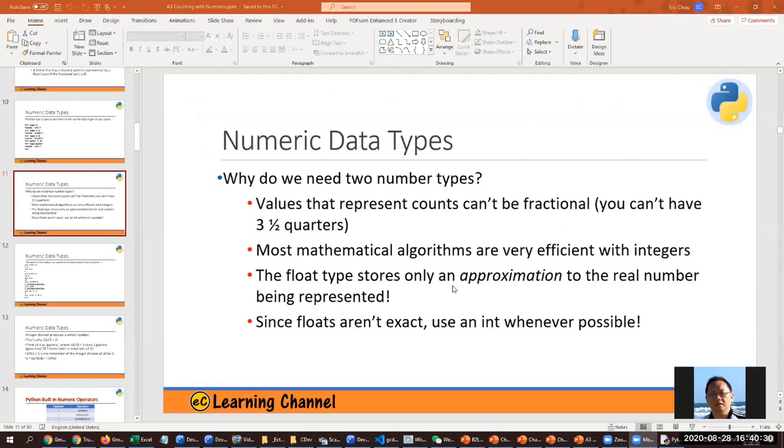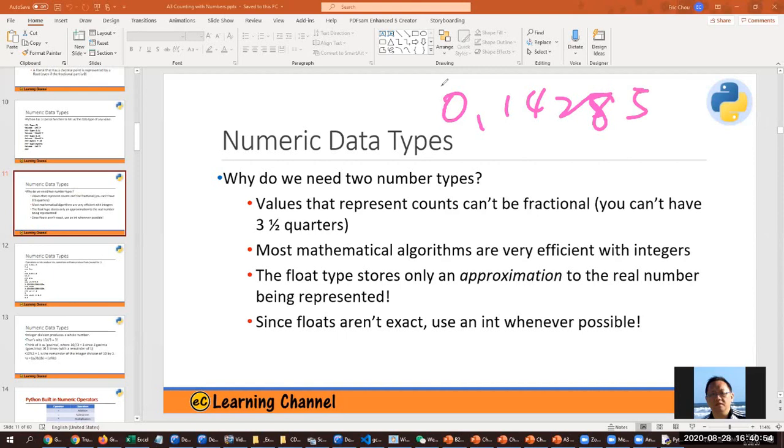Some of these rational numbers or irrational numbers like square root of 2 will not have an exact number to be stored on a computer, because you are going to have 0.142857 and 14, and it will continue for an infinite number of digits, but you got to cut it somewhere.